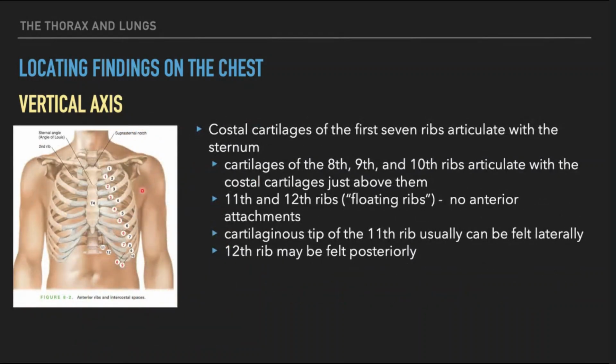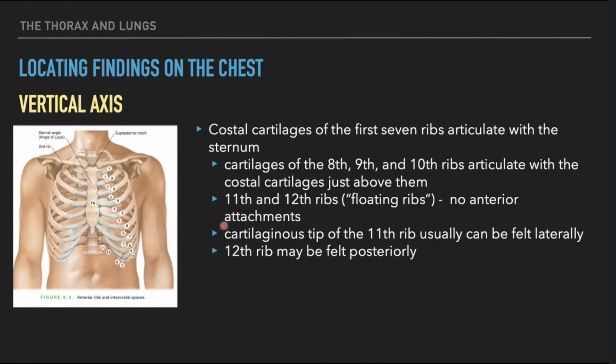For the costal cartilages of the first seven ribs, they articulate with the sternum. So these costal cartilages from ribs 1 to 7 articulate with the sternum, while the cartilages of the eighth, ninth, and 10th ribs articulate with the costal cartilages above them.